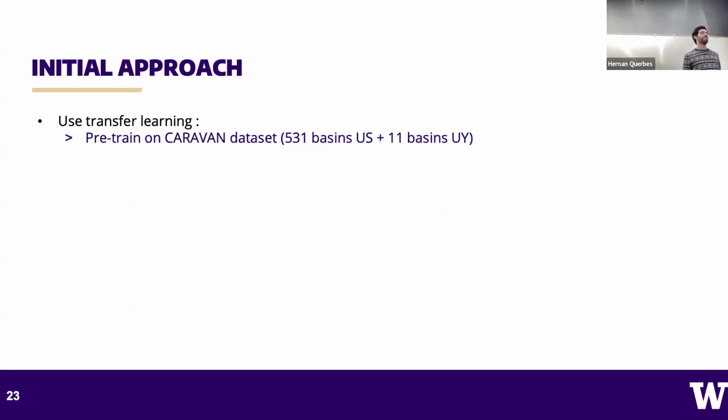So now we can start looking at the results. So our first approach was to use transfer learning by pre-training on a large data set, because we were thinking that having more basins, then we will generalize better for the Uruguayan basins. So we used more than 500 basins for the US and 11 basins from Uruguay, my target basins.